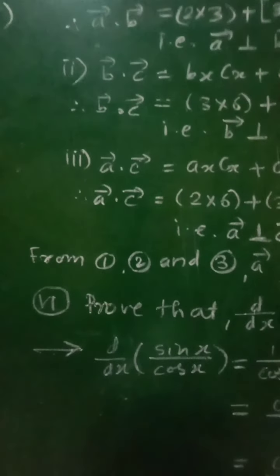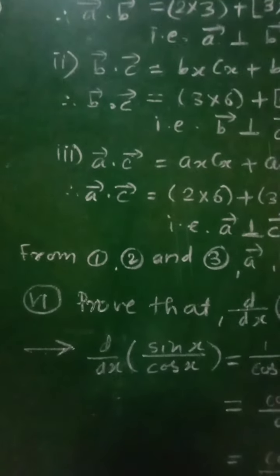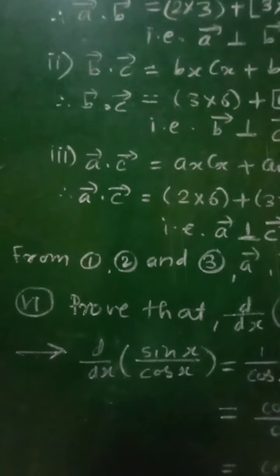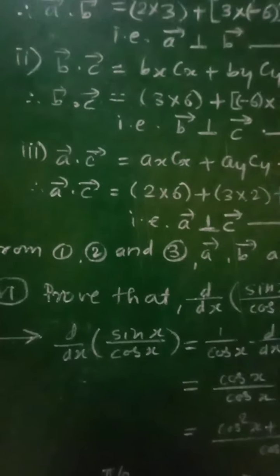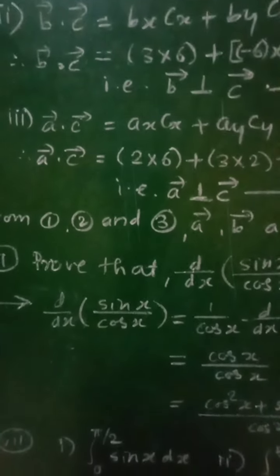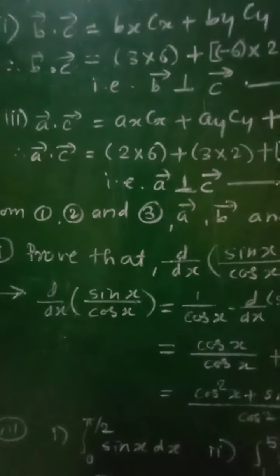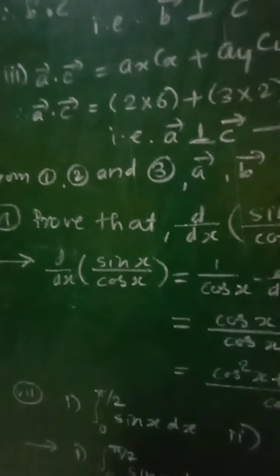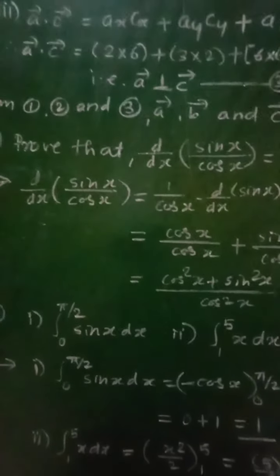We have to prove that d by dx of sin x upon cos x is equal to sec square x. In this case we will have to use the quotient rule for differentiation.